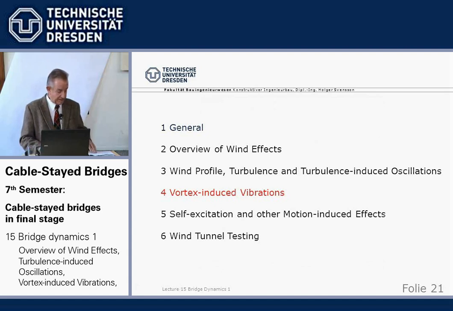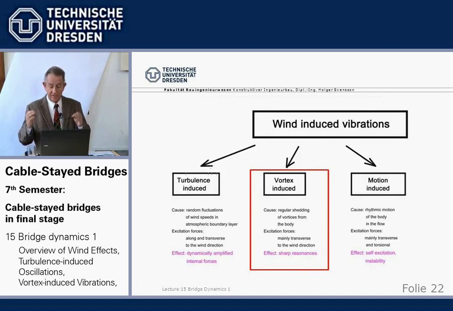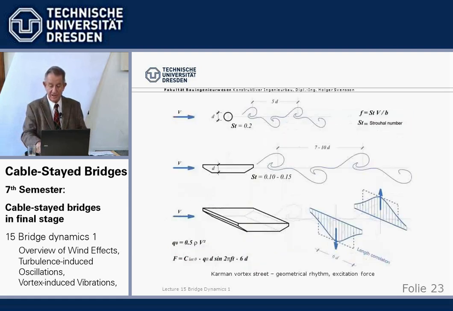Now, the next one we talk about is vortex. With vortex induced vibration, we have a regular vortex shedding, and if the frequency hits the beam frequency, and it's in phase, if it's resonant, then we may have a rather big movement.